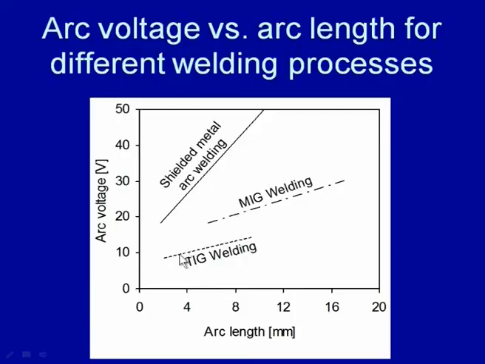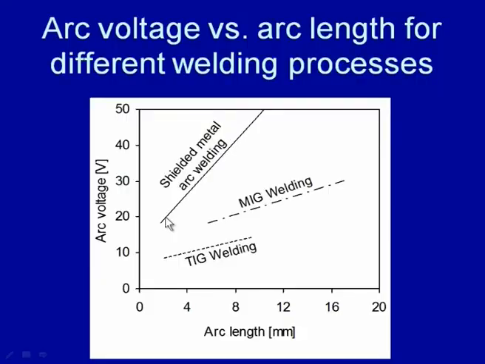In case of the tungsten inert gas welding process, the easy release of the free electrons facilitates only a minor increase in the arc voltage with the increase of arc length, while in case of the shielded metal arc welding process, this kind of release of the free electrons and charged particles in the arc gap is not easily facilitated.